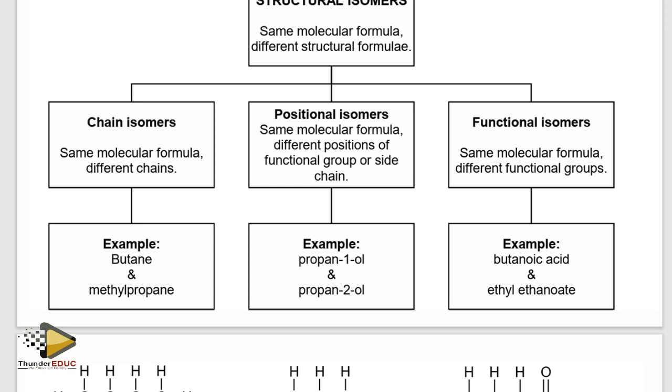So today, let's look at how organic molecules are named and how we can get distinctions when it comes to organic molecules.